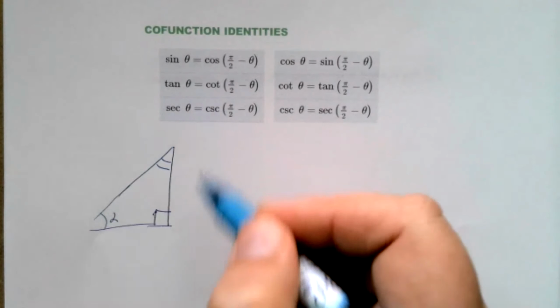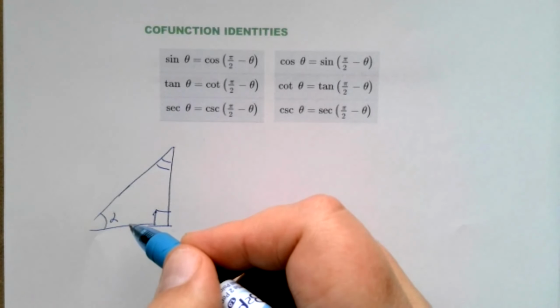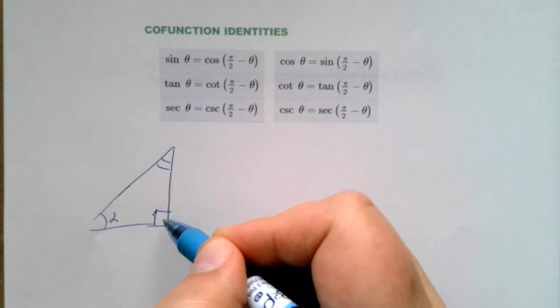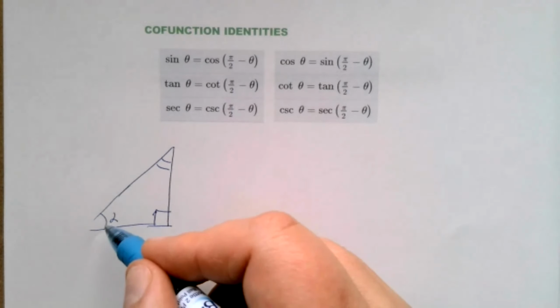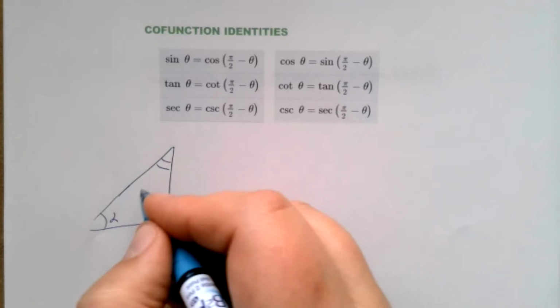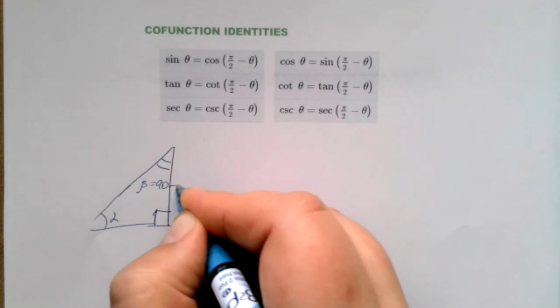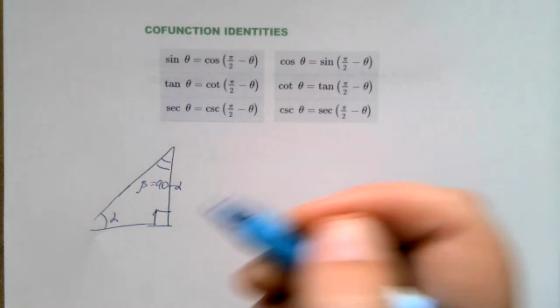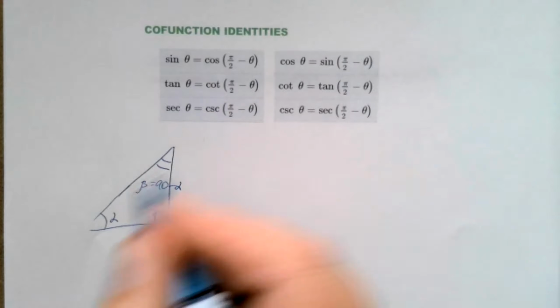Well, we know that the total sum of all the angles is 180. If one of them is 90, then we have 90 left for alpha and beta. So beta must be 90 minus alpha, or pi over 2 minus alpha.